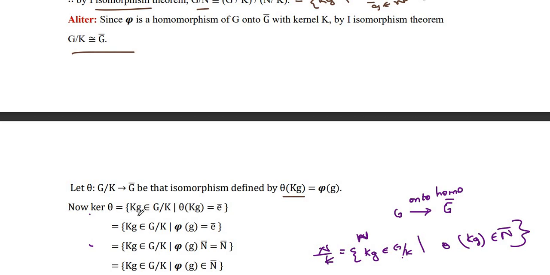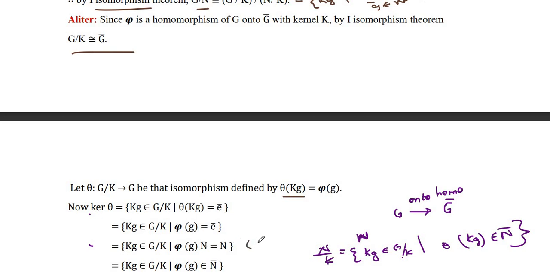Kernel theta is all those elements in the domain which are mapped onto the identity element of the codomain. So you have this. But theta of Kg is phi of g. So Kg belongs to G mod K, and the next step we have the same thing to be all those Kg in G mod K for which phi of g is in N bar, the identity. Now e bar being a member of N bar, we have phi of g to be in N bar.